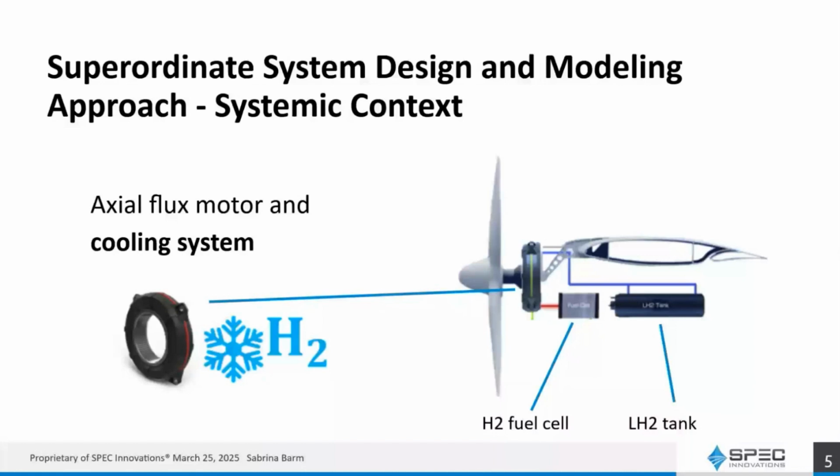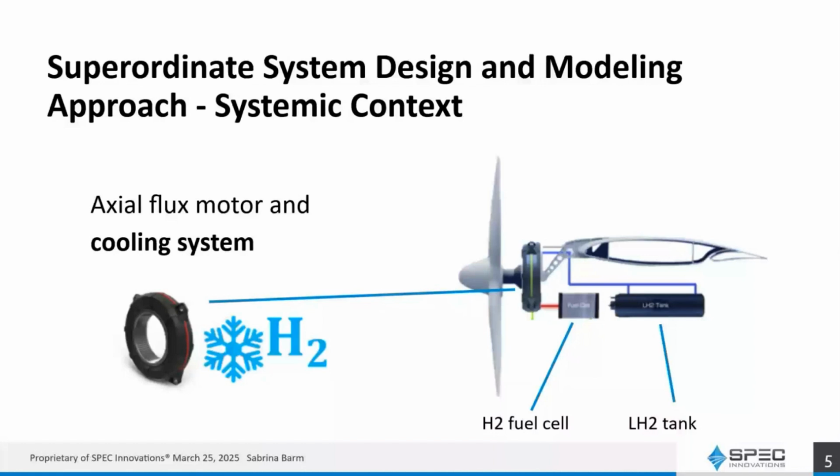And as its motor, it uses an axial flux motor, which is a special type of electric motor. And what's even more special about that motor is that its cooling system uses the cryogenic hydrogen as its cooling medium. Now it's easy to see how such a system is extremely complex.